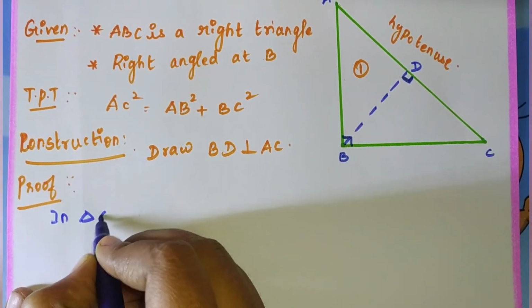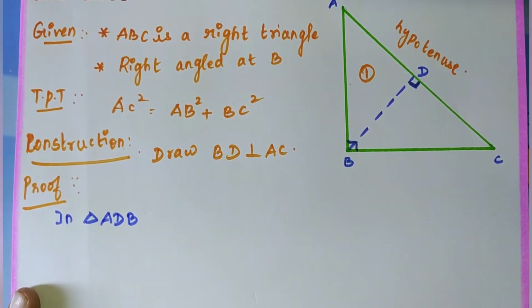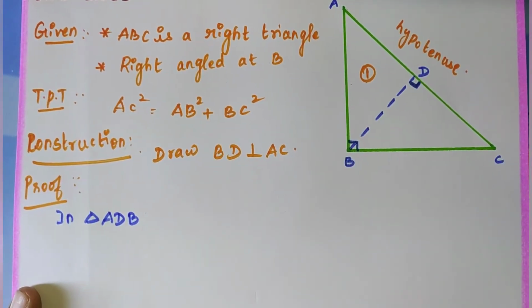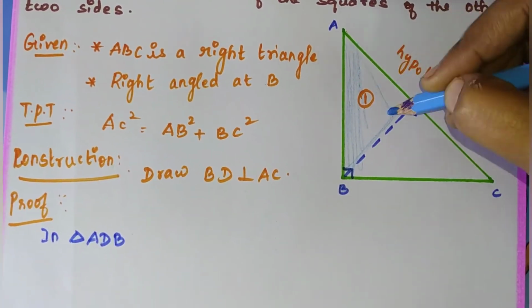In triangle ABD, that is the first triangle, and I am going to take triangle ABC, that is the whole triangle.